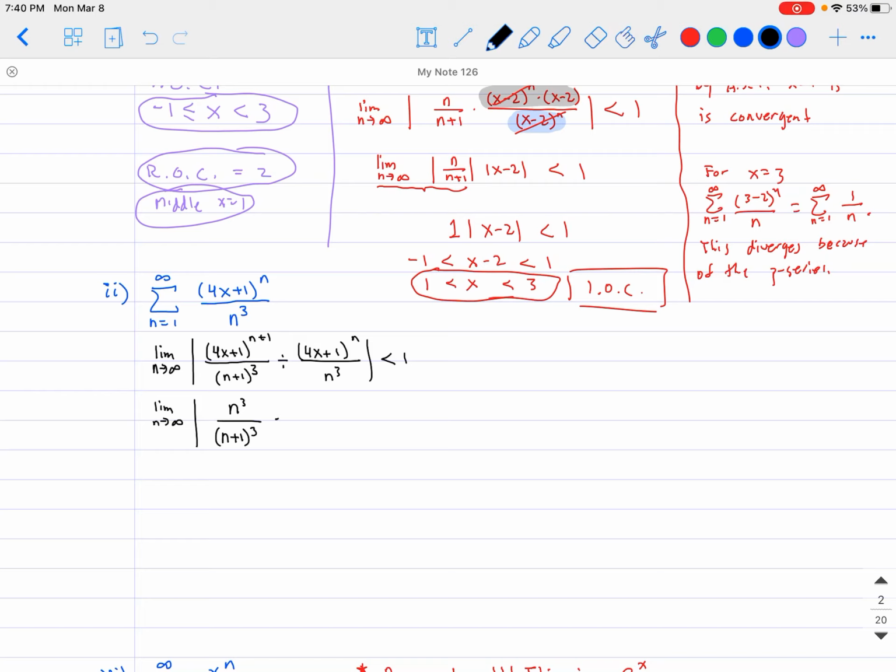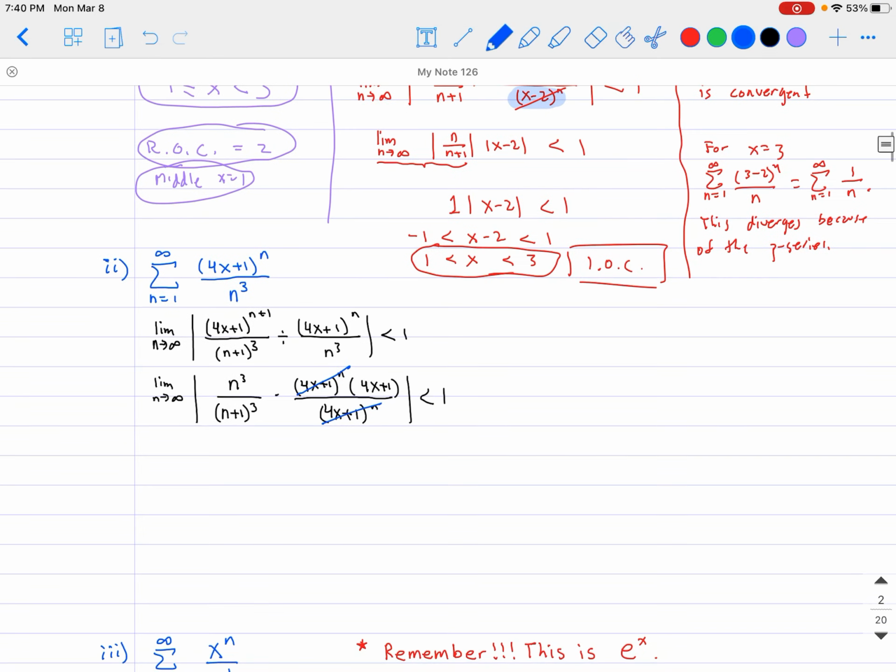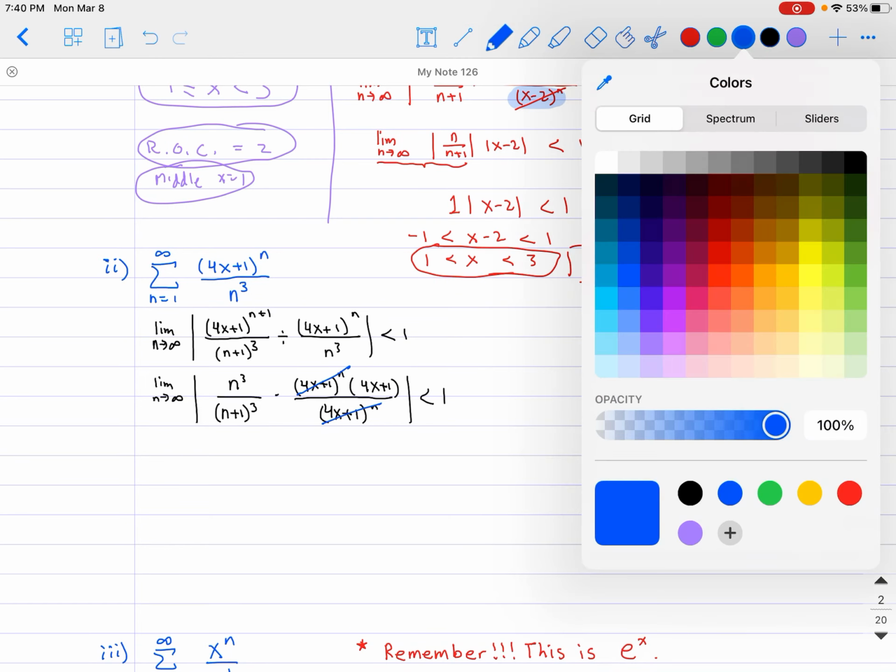Multiply by (4x plus 1) raised to the nth power multiplied by (4x plus 1), same as last time, all divided by (4x plus 1) raised to the nth power. And all of that, once again, is absolute value and less than 1. The terms that are going to cancel out are the (4x plus 1) to the n for both top and bottom. Whatever I have left, that's what I'm going to focus on as n approaches infinity.